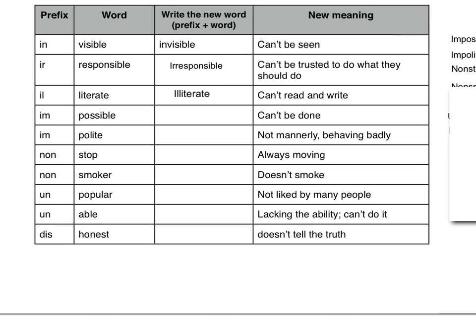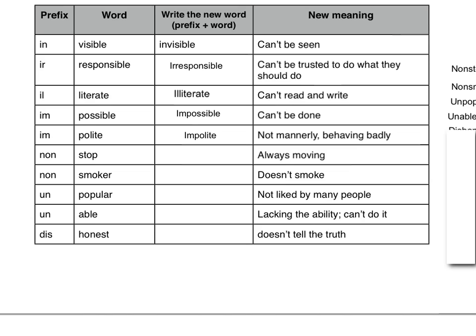Now, I also have the word literate. If I add il before, I get illiterate, can't read or write. I have possible. I added im to possible, and you know what I get? I get impossible, can't be done. And if I add im to polite, I get not mannerly, behaving badly. I get the word impolite.